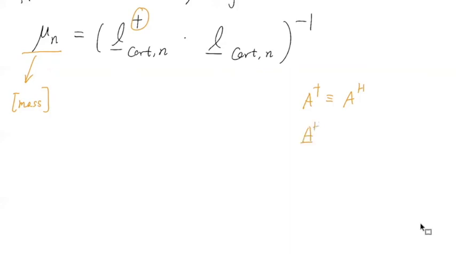If the Hermitian transpose is equal to the matrix itself, then this A matrix is called the Hermitian matrix. The Hermitian transpose is an operation you can do on the matrix. Hermitian matrix means a type of matrix that satisfies Hermitian transpose being equal to itself.